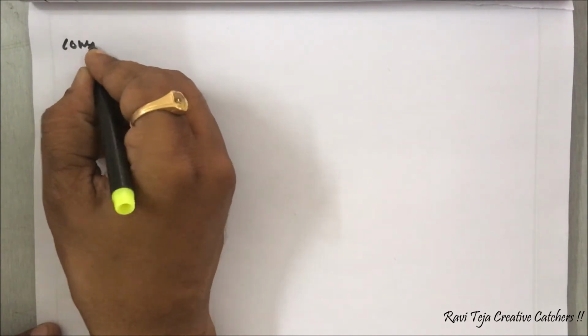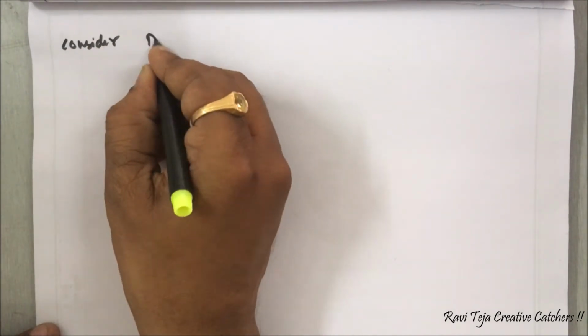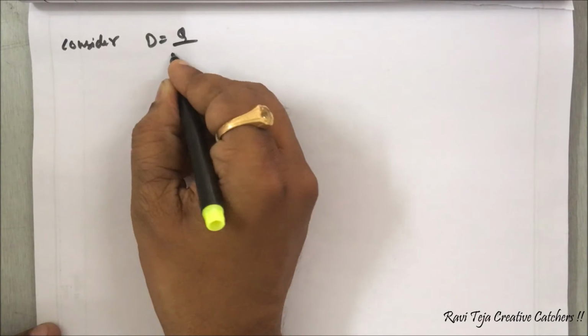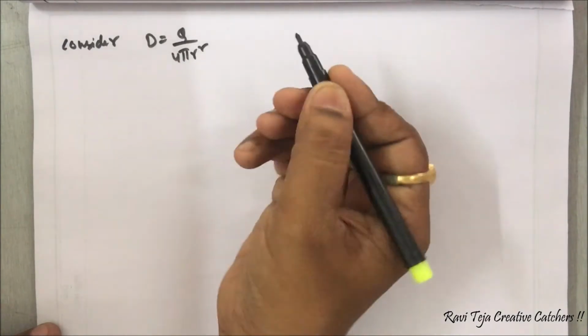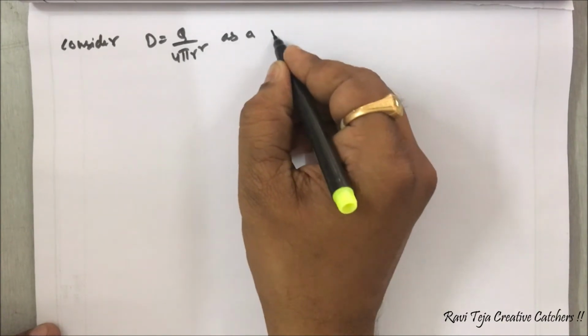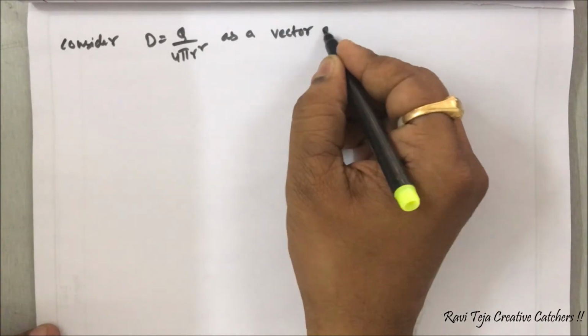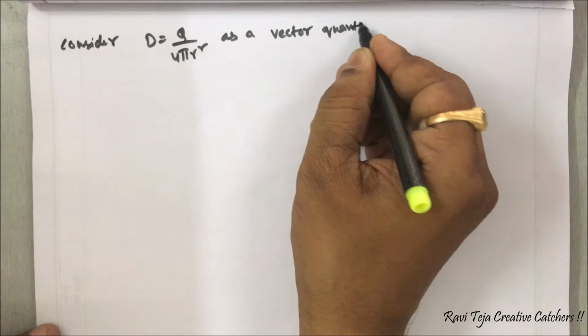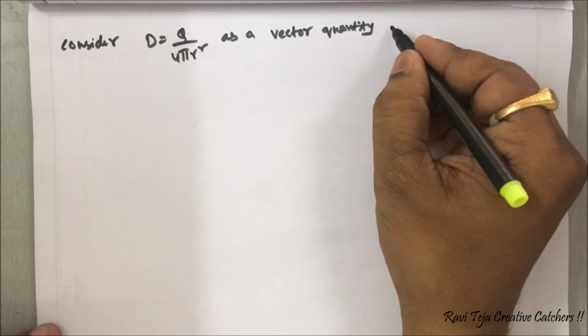Okay, so consider D equal to Q by 4 pi r square as a vector quantity. Why?